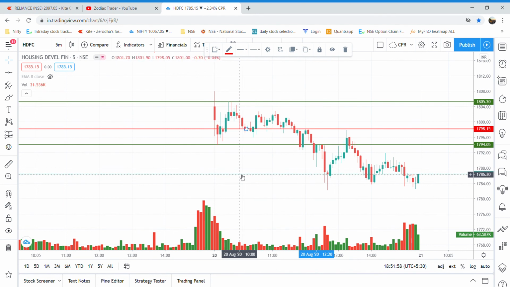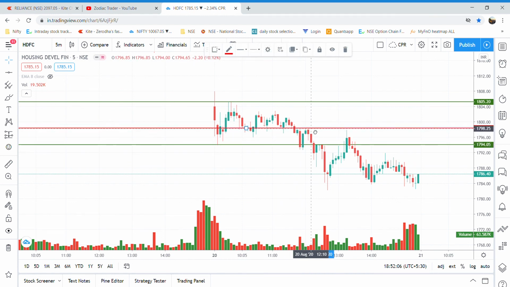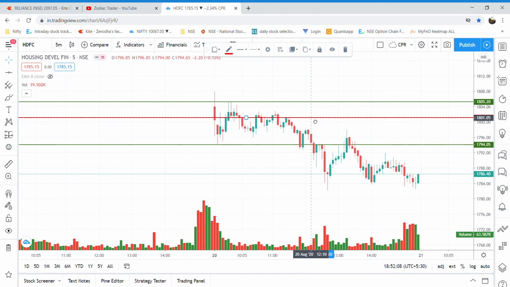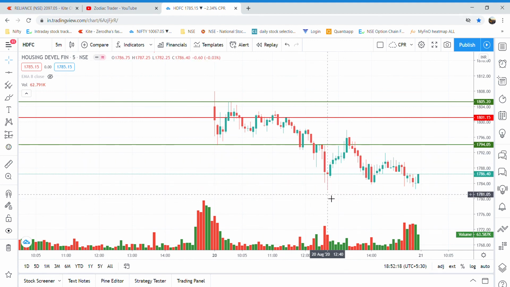Sorry, this wouldn't be the stop loss. This would be the stop loss, yeah. As you can see, we went short at 1793, and within the next half an hour or so, it reached a low of 1782. That's 10 points right there.